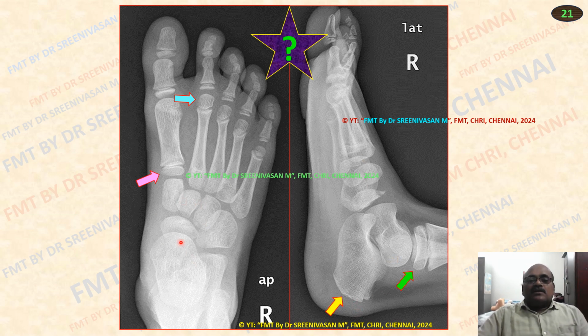But cuboid, lateral, middle and medial cuneiforms, navicular all have appeared, but secondary center for calcaneus is not developed here. So age should be above 3 years because of heads of the 4 metatarsals, navicular, middle or intermediate cuneiform, more than 3 years, less than 8 years because secondary center for calcaneus not appeared.